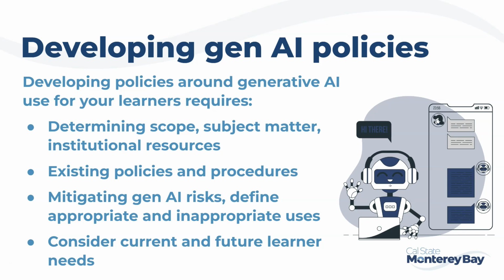This will likely end up being a living document that you can add to and revise as new tools and capabilities emerge, and as your subject matter changes as well. This is another value of having an individualized generative AI policy for your learners, as opposed to relying on just an organizational policy. Your individual policy is easier to update and adapt as the technology and industry standards evolve.